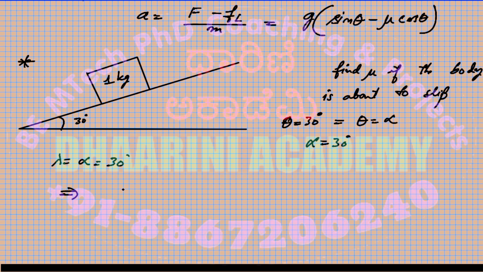By using the equation for the angle of friction, what is mu, the coefficient of friction? That is mu equal to tan lambda.